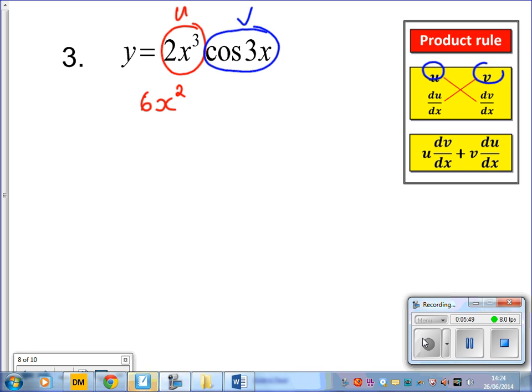Differentiating the v, cos goes to minus sine 3x. Remember, this 3 needs to also come to the front, so minus 3 sine 3x.